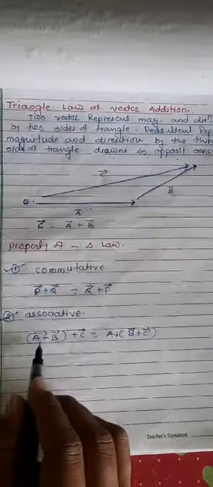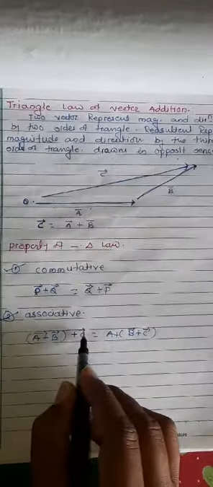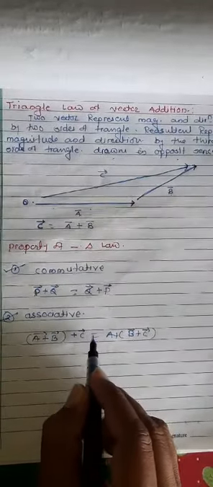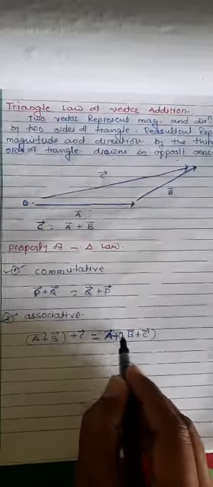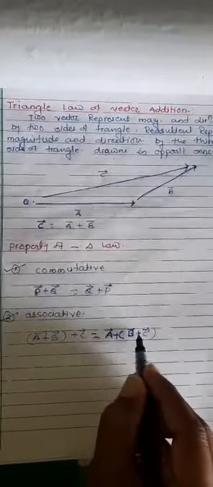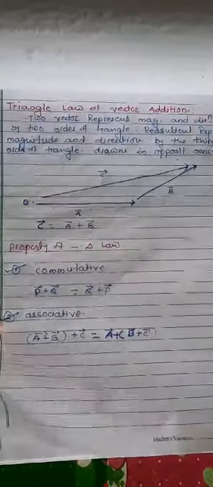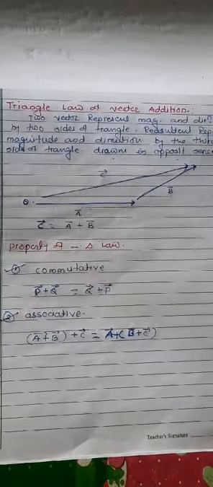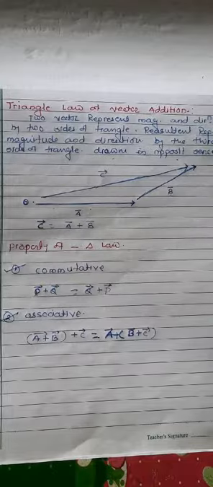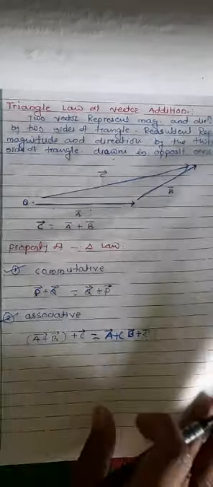This is given like this: a bar plus b bar, in brackets, plus c bar, gives a bar plus b bar plus c bar in brackets. So this gives the associative property. This means the triangle law of vector addition gives two properties: the commutative law and also the associative law.